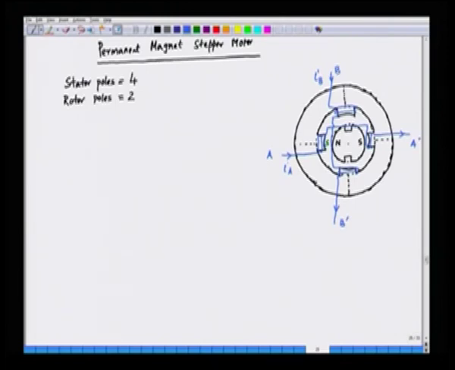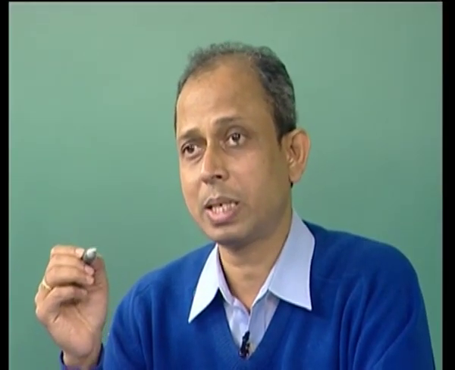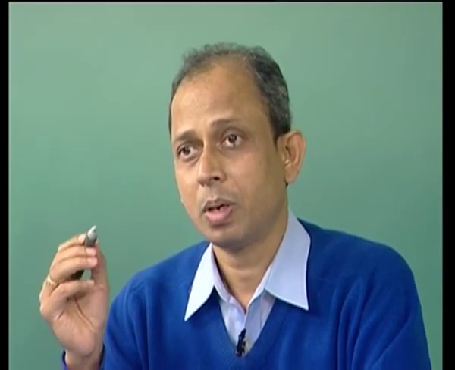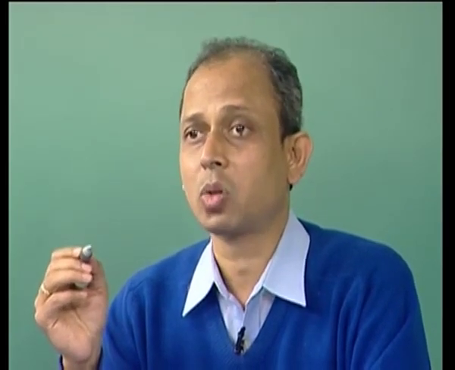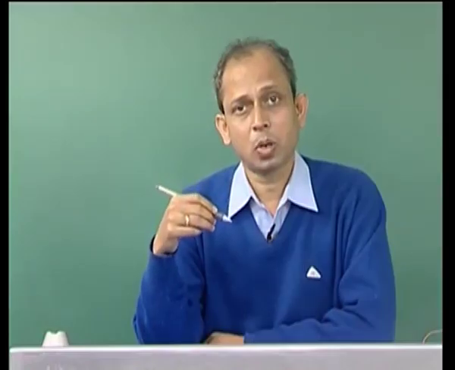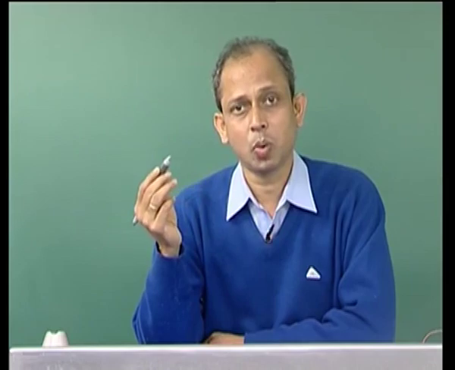Now, our sequence of switching will be as follows. We will start with A and then we will move to B. When we move to B, we will de-energize phase A and energize phase B, injecting a current into phase B. Under phase B we will again create a south pole, and the north pole of the rotor will be again attracted to the south pole of the stator.